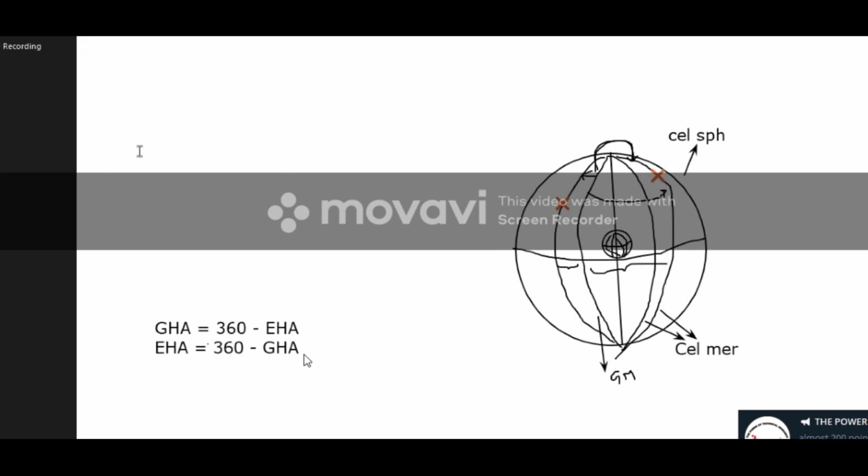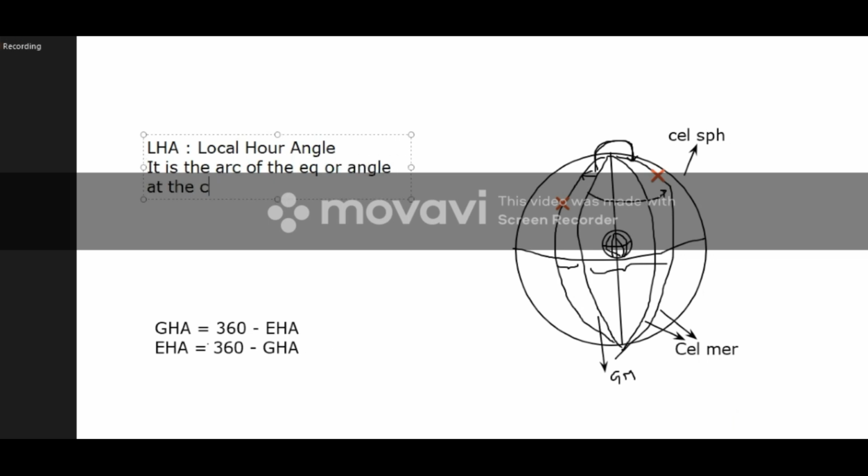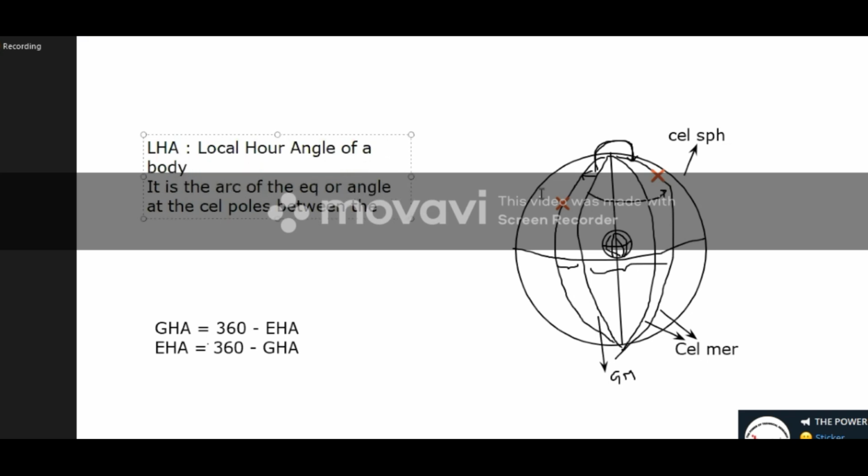Then let us see now the LHA. LHA is the local hour angle. It is the arc of the equinoctial or angle at the celestial poles of a celestial body. Always you must write like that, of a body.